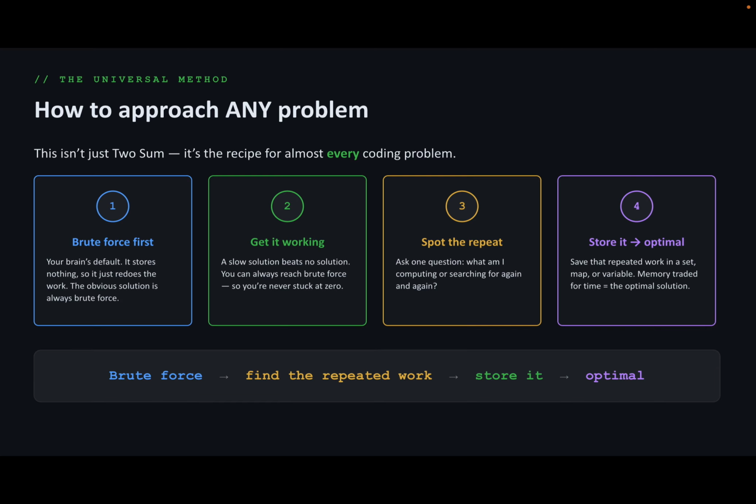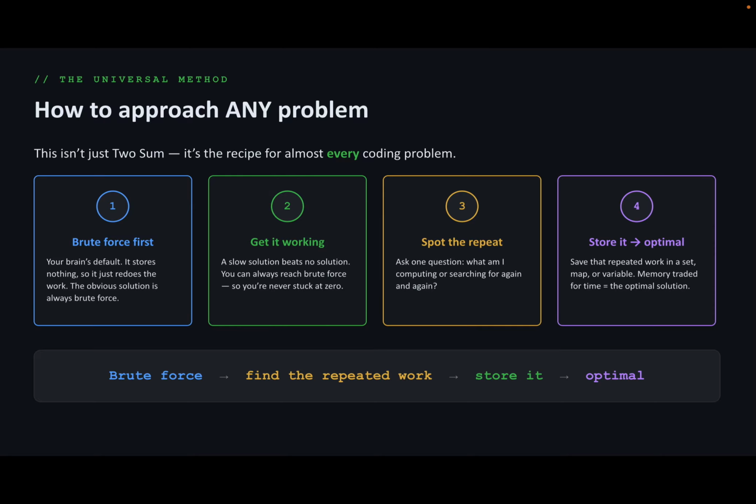You don't need to freeze up. Once you have the brute force, you can make it faster by asking yourself one question: what am I doing over and over? Then you store that. That's the whole move: brute force, find what you are repeating, store it, and then you get the optimal approach.